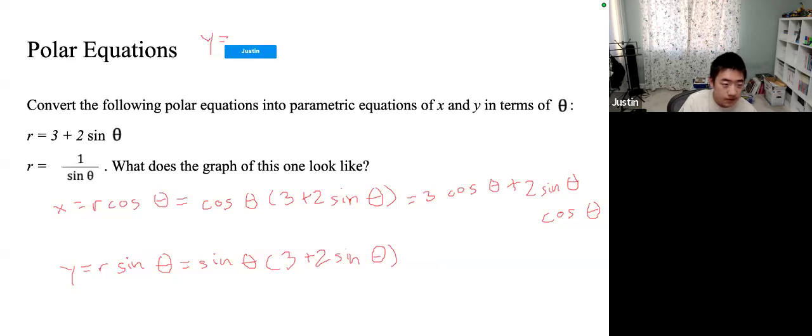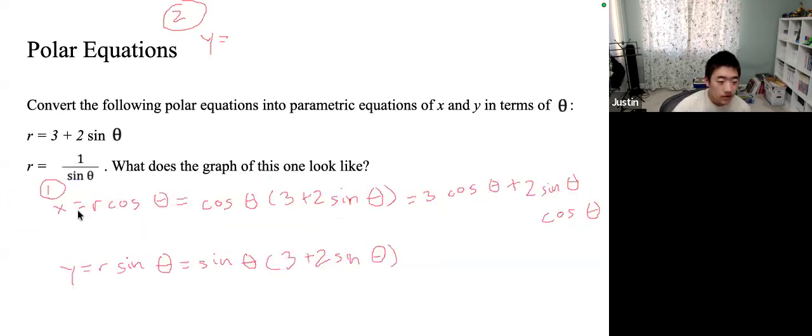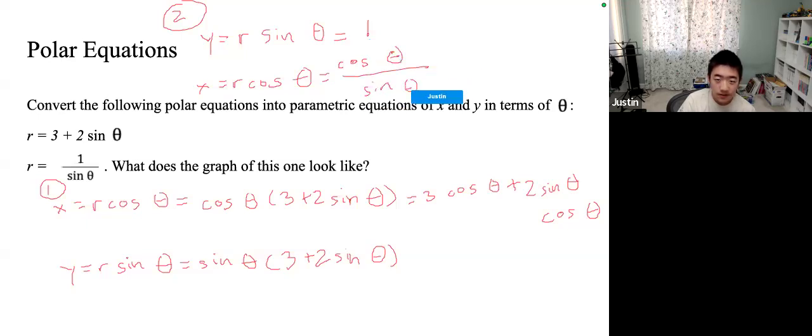So for the second one, we have y equals r sine theta, which is 1 over sine theta times sine theta, which is 1, and x equals r cosine theta, which is cosine theta over sine theta, and that's equal to cotangent of theta.